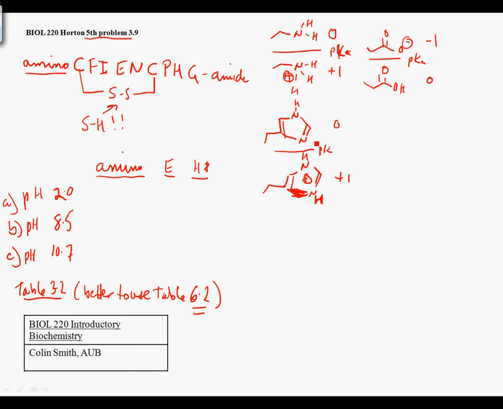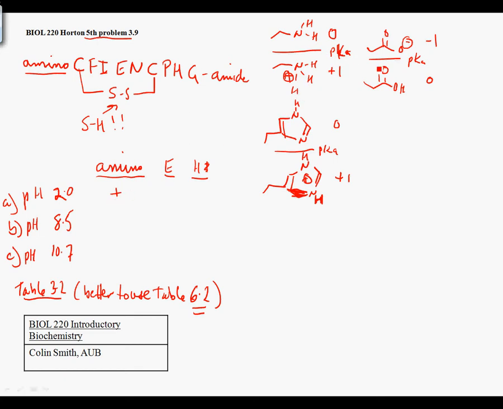So let me translate that into here. At pH 2, we're talking about the amino here. It will be in the protonated form, so the amino will contribute one positive charge.